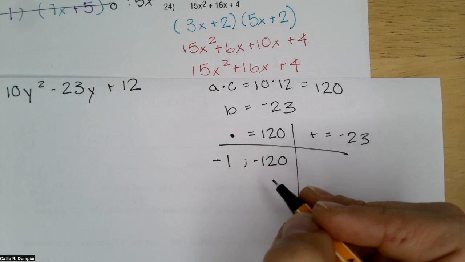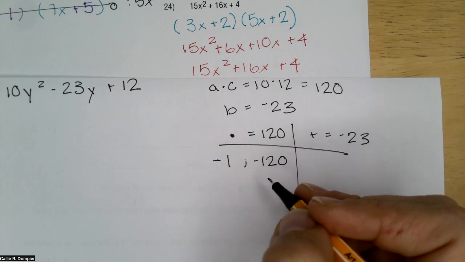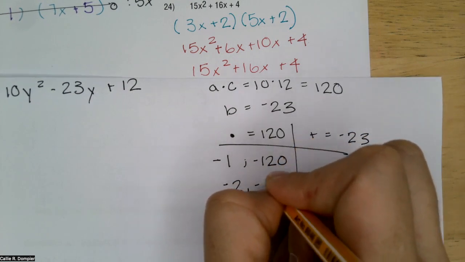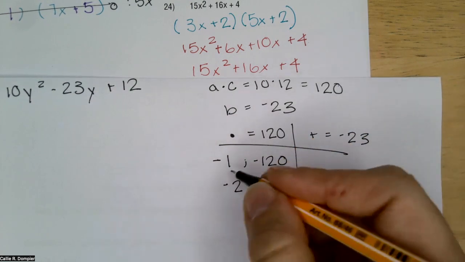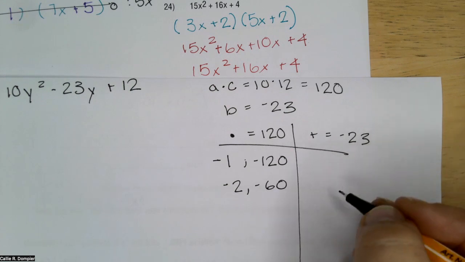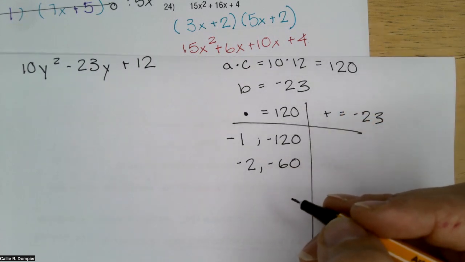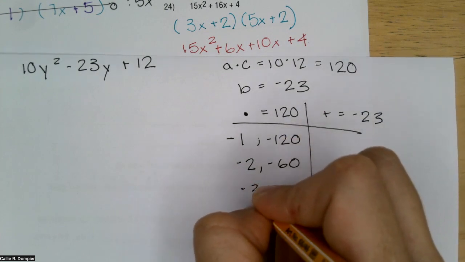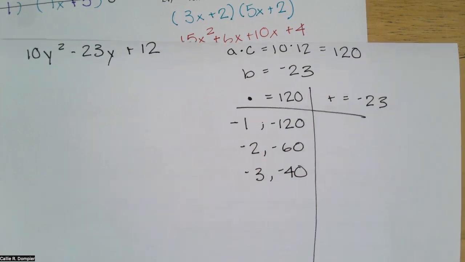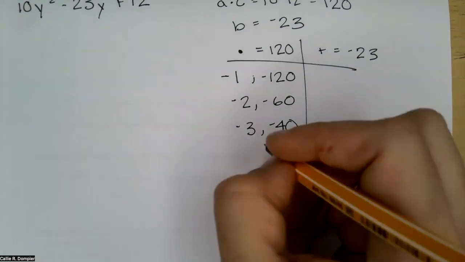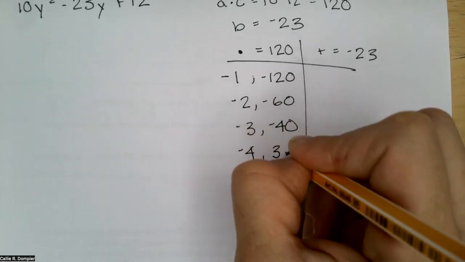So 120 divided by 2, what do you think? 60? Negative 2, negative 60. And you can just be glancing over. If it adds to negative 23, you can stop, okay? 120 divided by 3 is 40. 120 divided by 4 is 30. That's kind of fun.